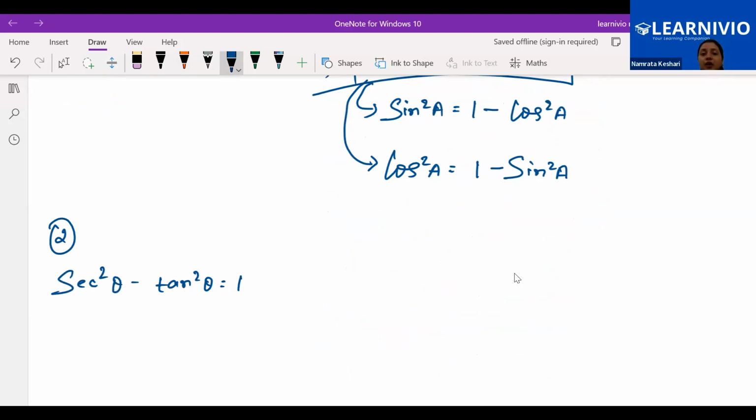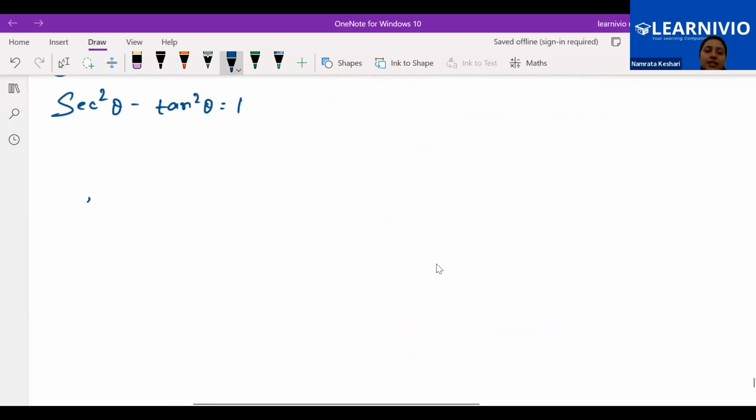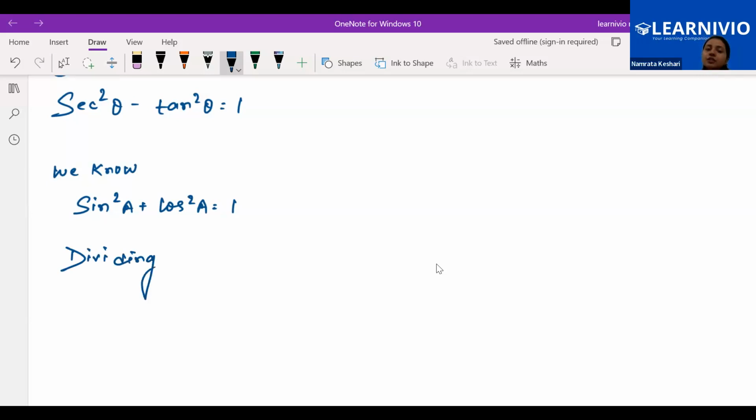From where are we getting this formula? From the same one. We know that sin square A plus cos square A is 1. Here what we can do, both sides we can divide by cos square A. Dividing both sides by cos square A, check it.